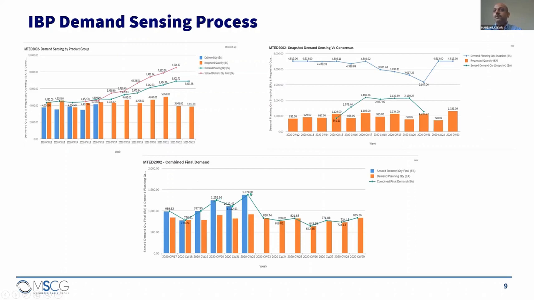For the future, it is getting the quantities from demand planning quantity, which is your IBP demand planning results. So it is combining both of the results in one key figure. And this is the final output from demand sensing, which can be used further in inventory optimization or supply planning.